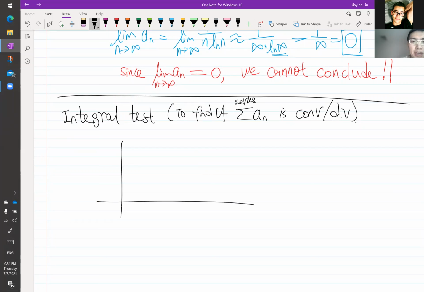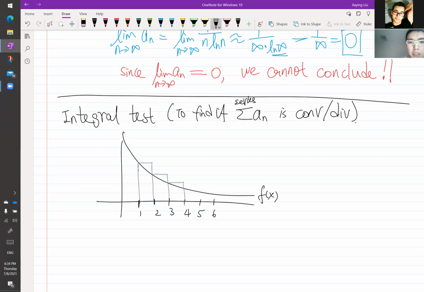So the diagram is that if we consider a function f of x that looks like this, with 1, 2, 3, 4, 5, 6 marked on the axis, I'm going to go up to the function and draw a rectangle. We have seen this before in integration.